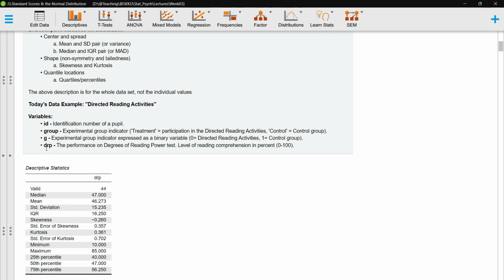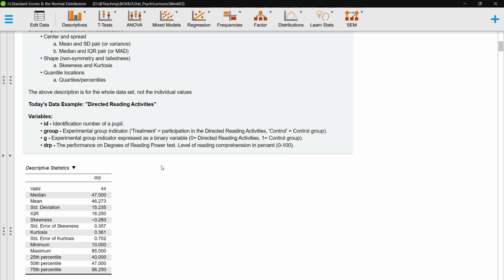And the final one, the main variable of today's lecture, is the DRP, the performance on the degrees of reading power test. DRP represents the degrees of reading power. It is basically the test score from 0 to 100. It represents the level of reading comprehension in percent.